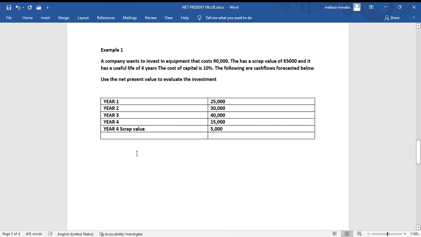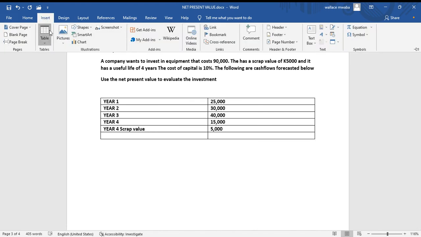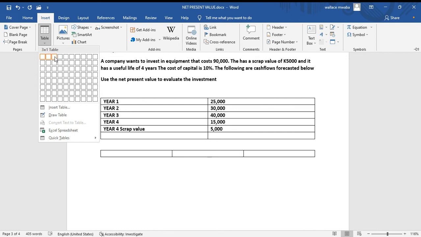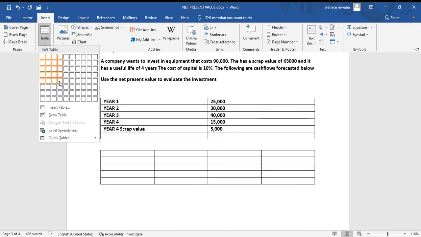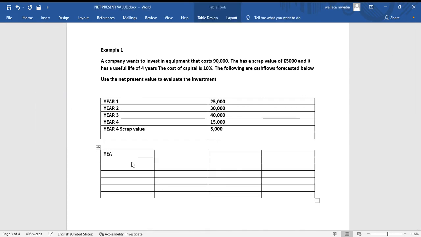So we're going to insert our table, and we're going to say year, and then cash flow. Then we're going to have our discount factors at 10%, which is the cost of capital. And remember, discounting is just a way of converting future values to present values. So here, present values.